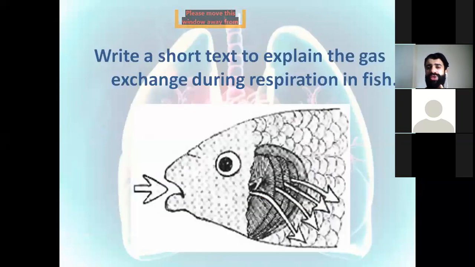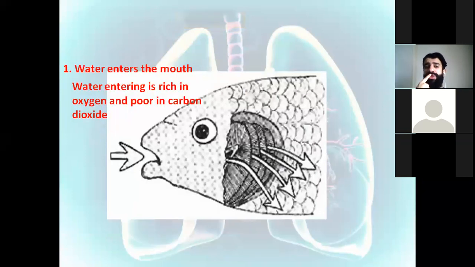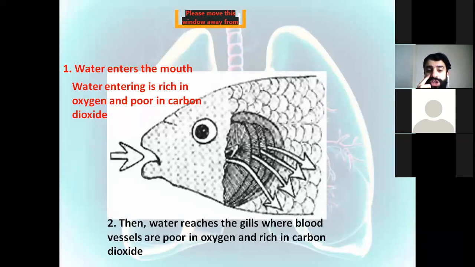To write a short text to explain the gas exchange, you can write it like this. Water enters the mouth. Water entering is rich in oxygen and poor in carbon dioxide. It is the same idea, but here I organize it more in order to copy it in your copybook. Then the water reaches the gills, where the blood in the gills is poor in oxygen and rich in carbon dioxide.